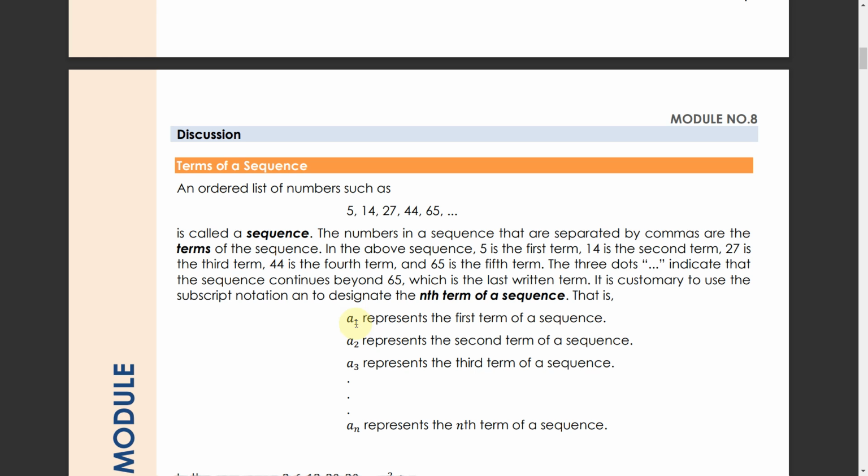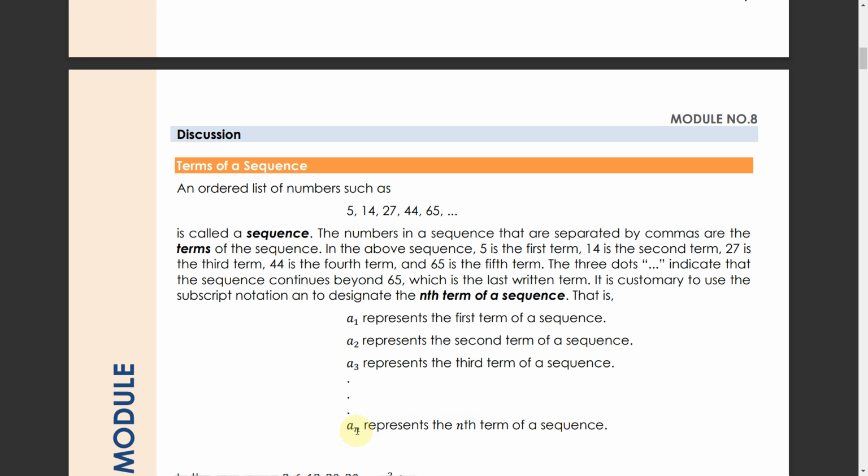So a sub 1 represents the first term of the sequence. In this example, a sub 1 is our 5. Then a sub 2 represents the second term, a sub 3 is the third term, and so on until we have a sub n, which represents the nth term of the sequence.